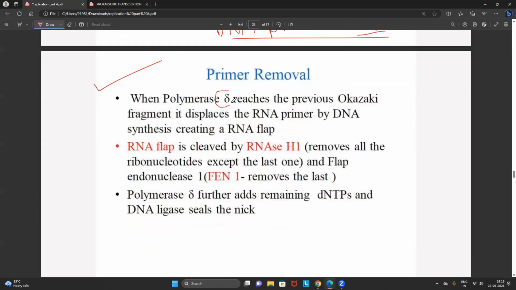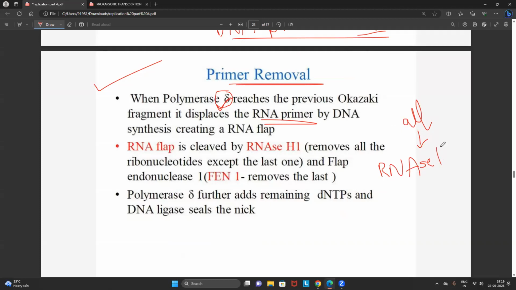In the case of a eukaryotic organism, polymerase delta is synthesizing all the nucleotides. When it reaches the last, who will remove the primer? Every student remember my words. All primers, I'm using the words all primers, can be removed by an important enzyme.